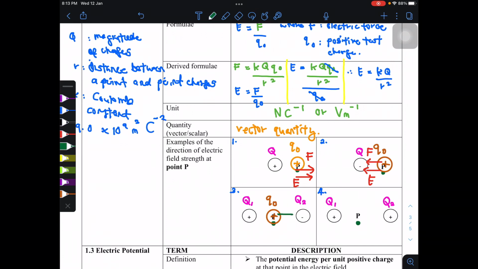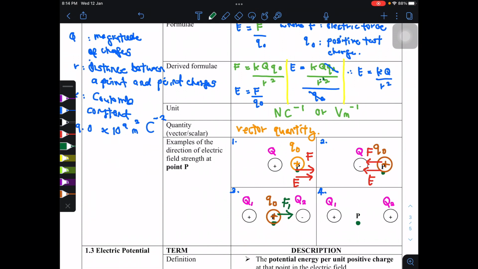On the positive test charge, it will repel. This is the force, I label it here as F1. Now on the right side, you have the negative point charge. Again, you need to compare between the point charge Q2 and Q0. On Q0, you will get an attractive force.